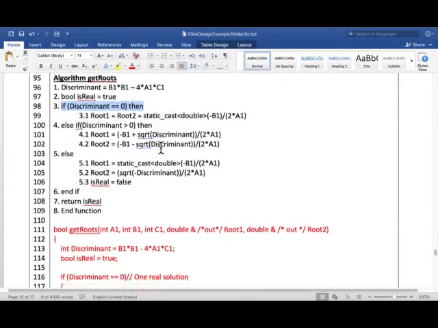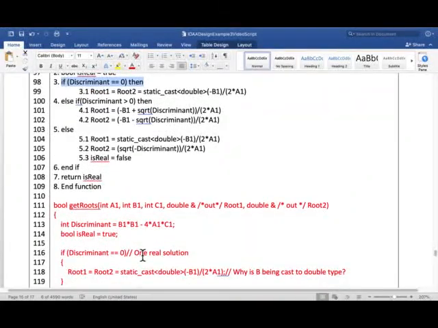Source code does not have the word then, so I just test that, and this expression and this expression is identical, except I do have to have a semicolon. Answer this question again, why b is being cast to double type.